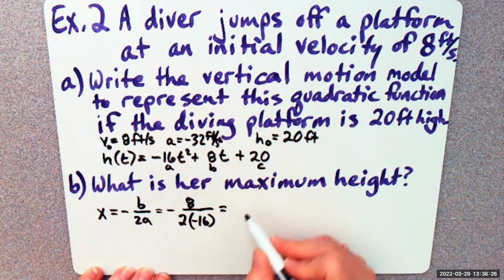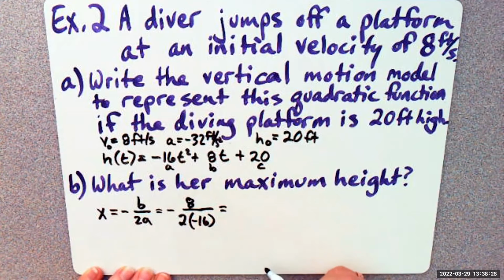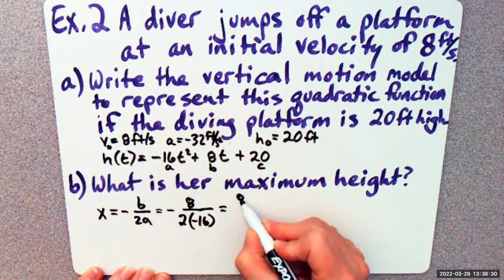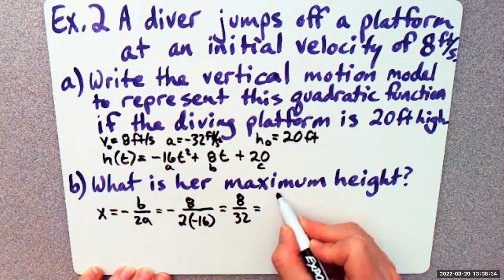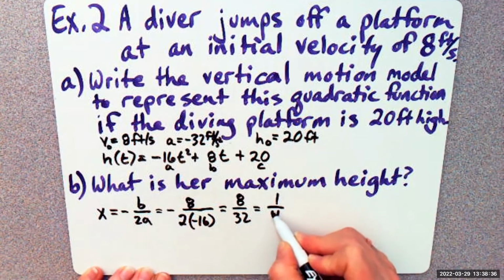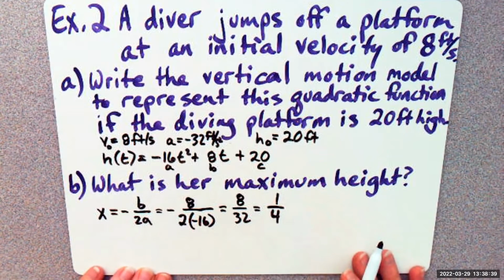There are 2 negatives, so we have a positive: 8 over 32, which is 1/4. So we know in 1/4 of a second, she's at her maximum height.